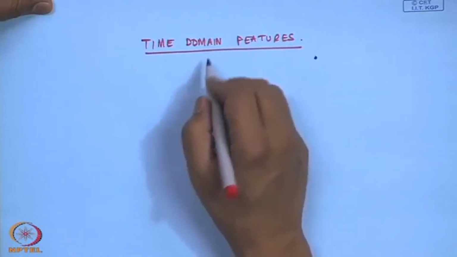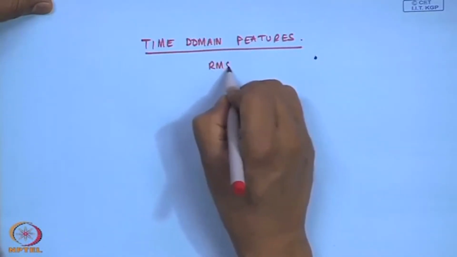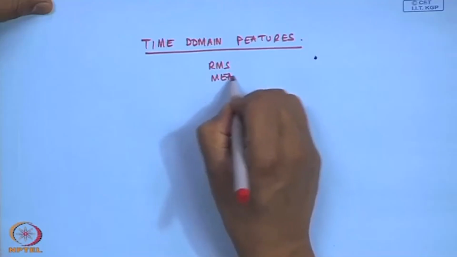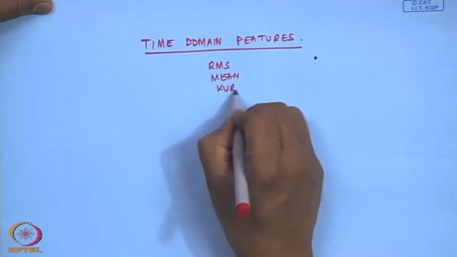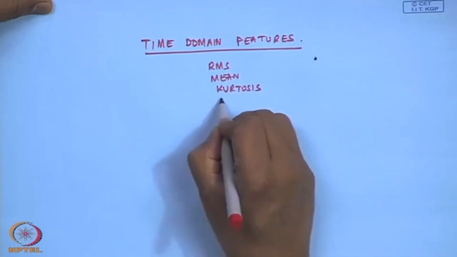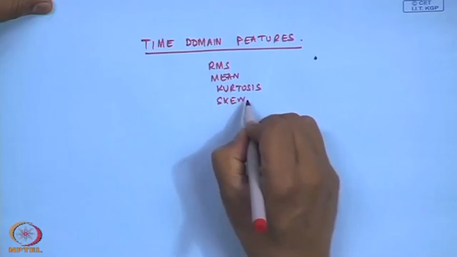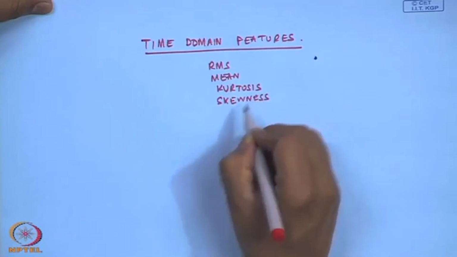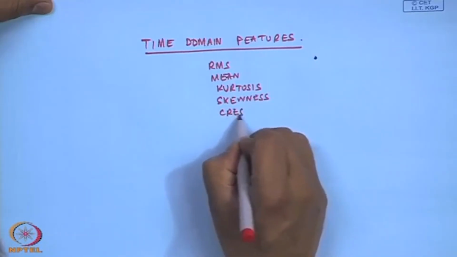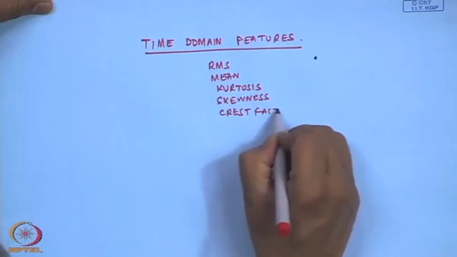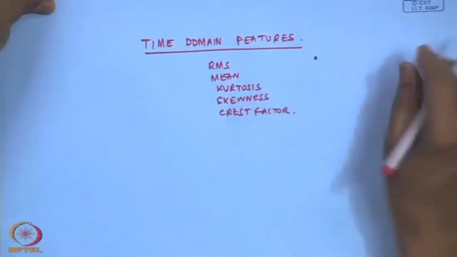By time domain features, I mean RMS, mean, kurtosis, skewness, crest factor, etc. We studied this in some of the earlier classes on time domain signal analysis, and you know by now how to calculate these parameters.